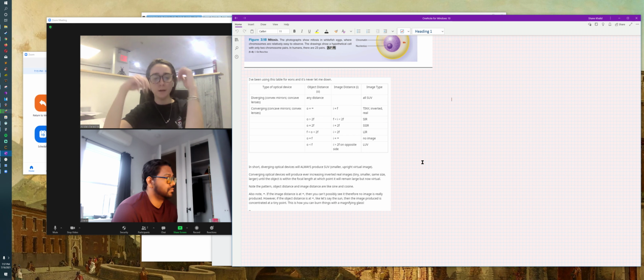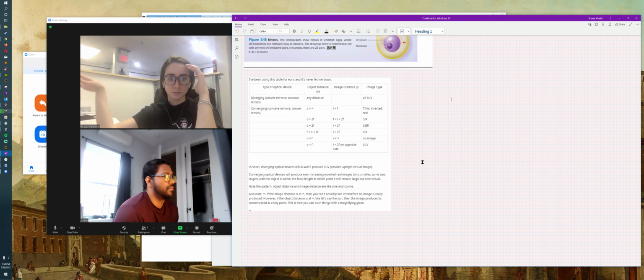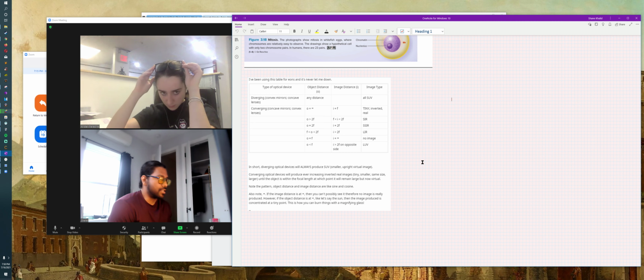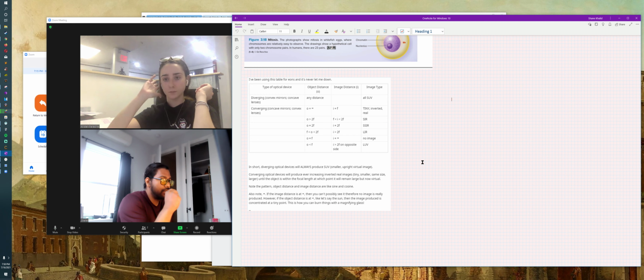So converging is always inverted real. But then at the bottom, it's not. Correct. It starts off super tiny, inverted and real.